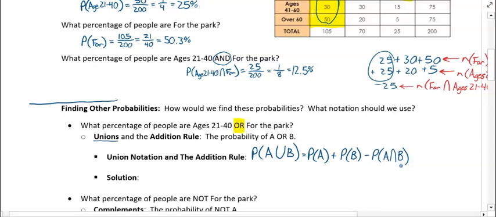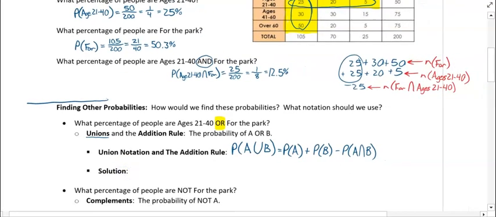The probability of A union B is the probability of A plus the probability of B minus the probability of A intersect B. If we look at this in this context, we want the probability that they are ages 21 to 40 or they are for the park.